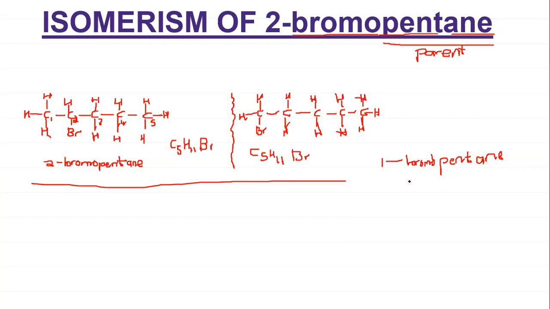Then let us draw another one, which is then 1, 2, 3, 4, 5. Then this one, I put it to carbon 1. This one, I can take it to carbon 3. And this one is carbon 3, whether you number from left to right or from right to left.